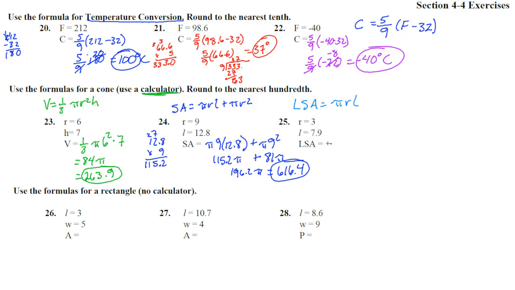All right. And number 25. LSA, we take pi times r, which is 3, times L, which is 7.9. So we can do the 7.9 times the 3 on our own. 3 times 9 is 27. Carry the 2. 3 times 7 is 21, plus 2 is 23. And with a decimal there, 23.7 times pi.